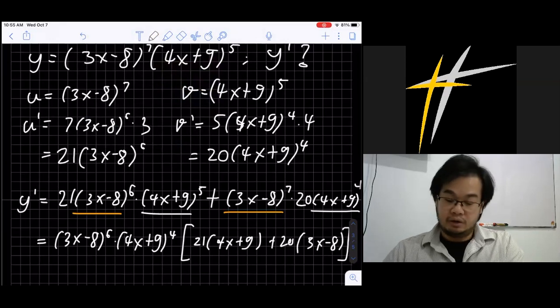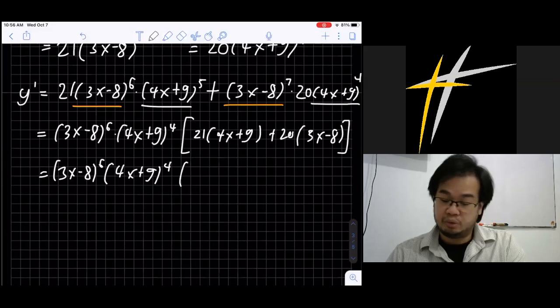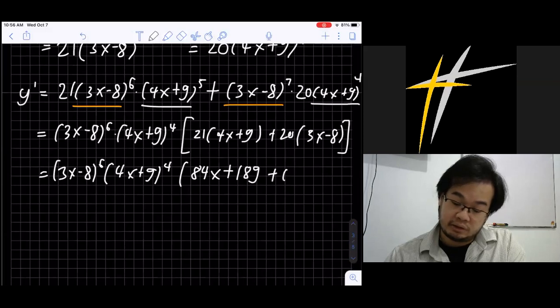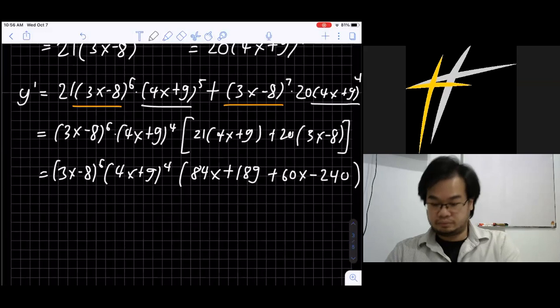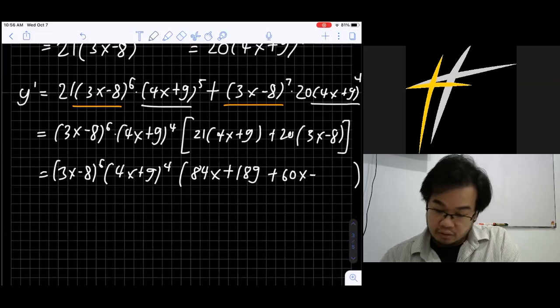Okay, so if I simplify, it's equal to (3x minus 8) power of 6 (4x plus 9) power of 4, and then I will multiply: 84x plus 189 plus 60x minus 240. Am I right? No, I'm sorry. It's supposed to be 160.